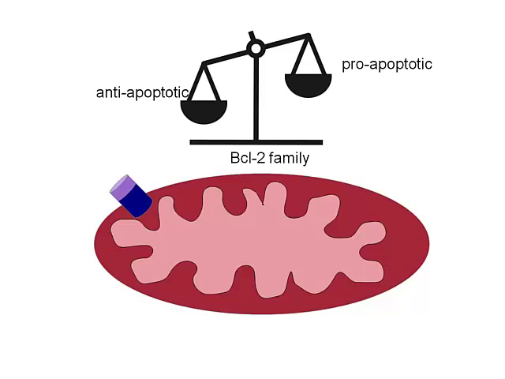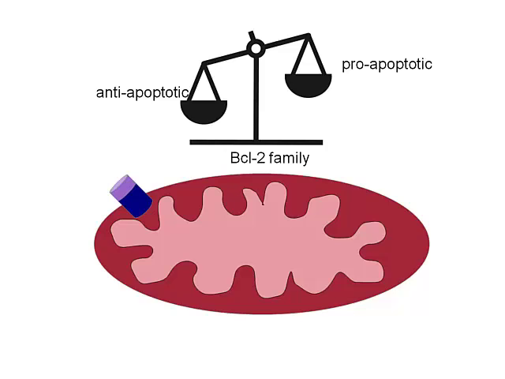So again, like cancer being a disease of disbalance between proliferation and apoptosis, the induction of the mitochondrial pathway of apoptosis is also due to the balance of anti-apoptotic and pro-apoptotic BCL2 family members.